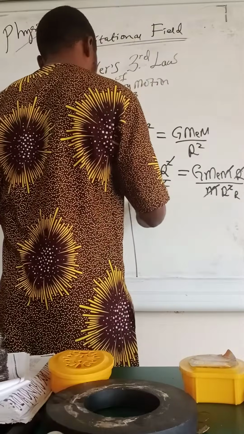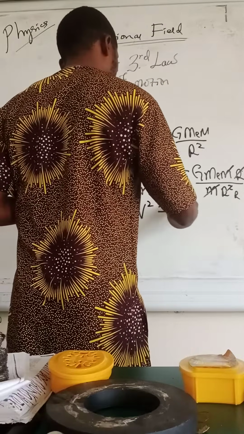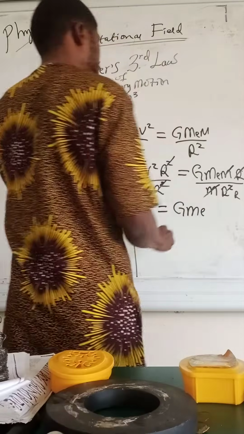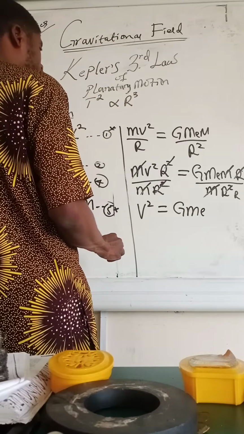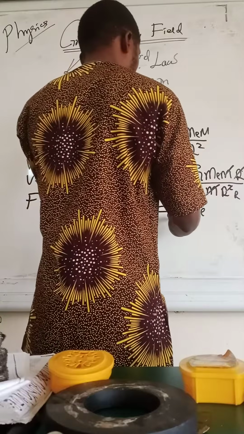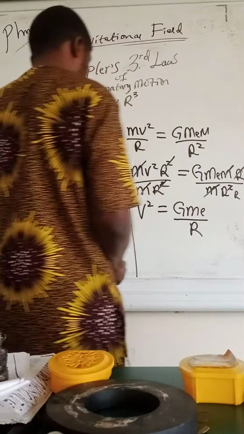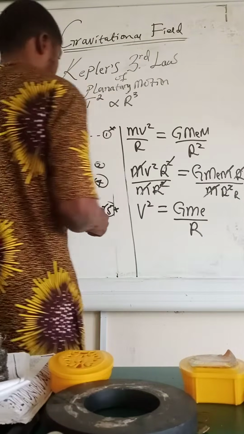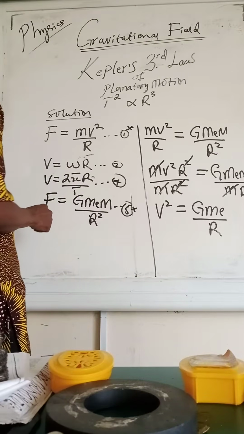So your v squared is given to be what? G M E all over r.